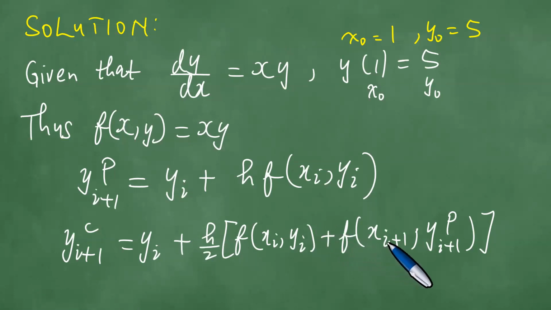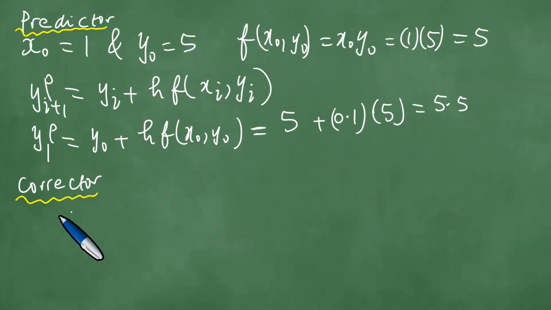It also has xi plus 1, and it has the predictor value put here as well. So let's do the calculation that will be next after this predictor, because it's always predictor, corrector, until we get the answer.